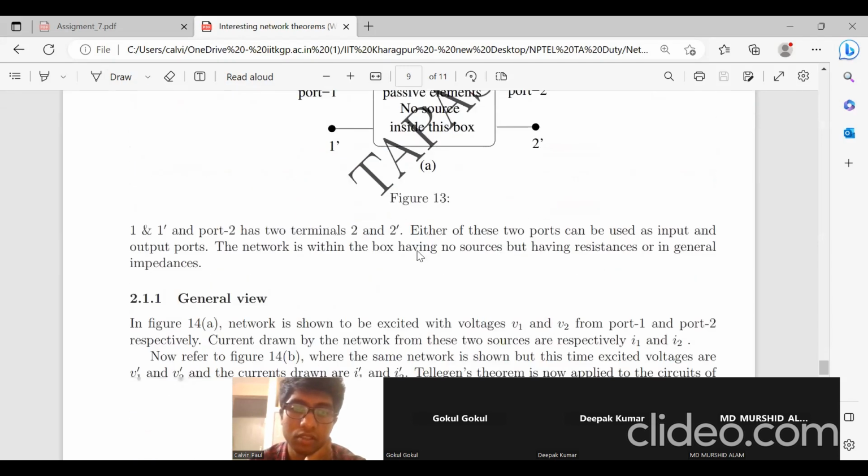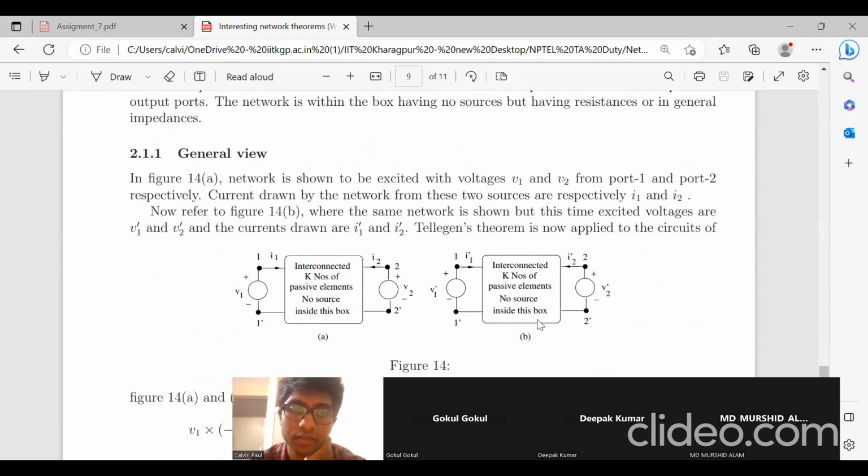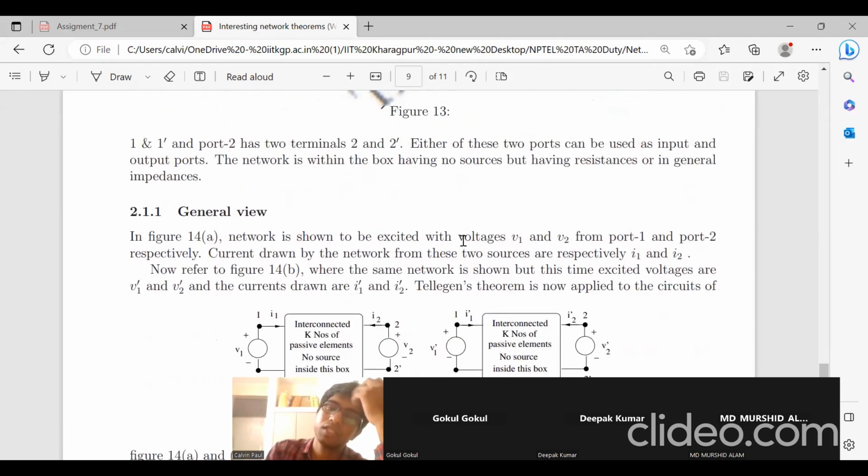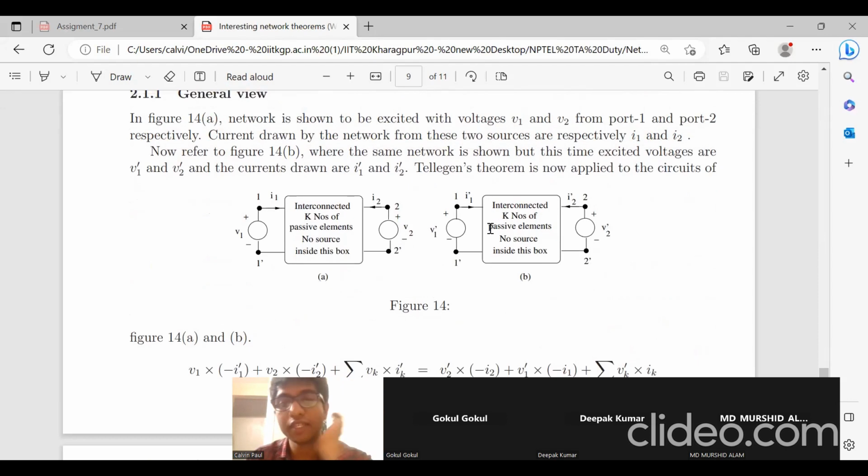We will consider a voltage V1 applied here, and some current I1 flows. Similarly, a voltage source V2 over here and a current I2 flows. Then we can also consider, if we apply V1 dash, then current flowing is I1 dash. If we apply V2 dash, the current flowing will be I2 dash.